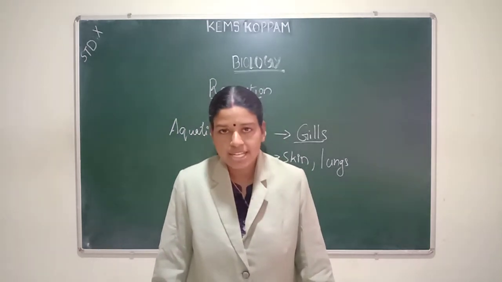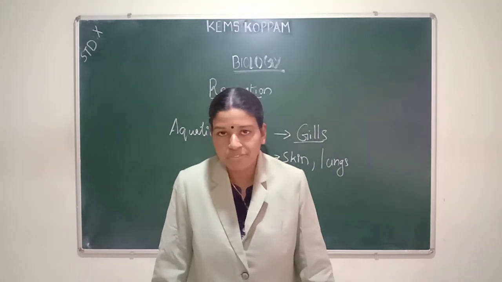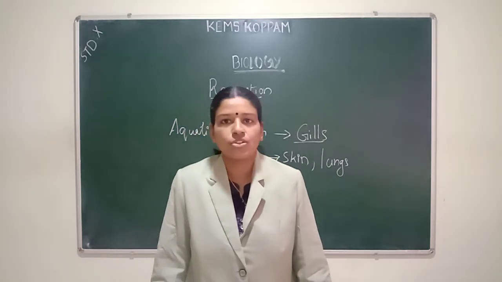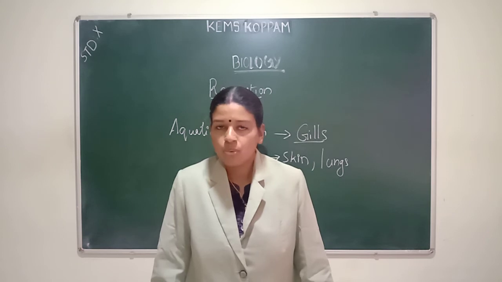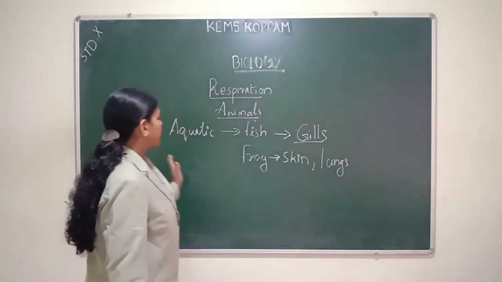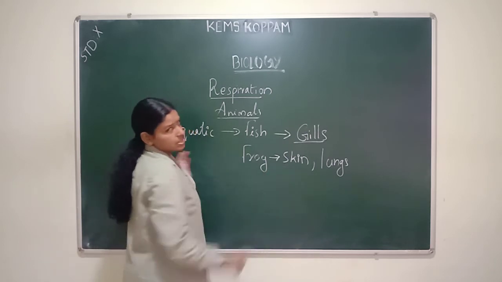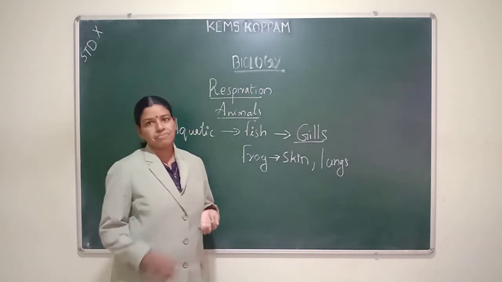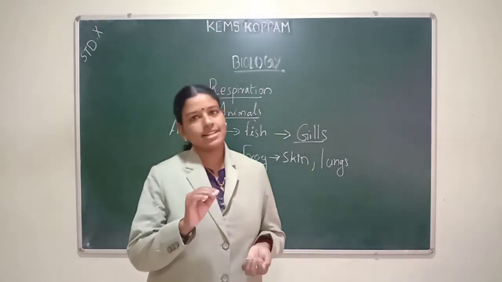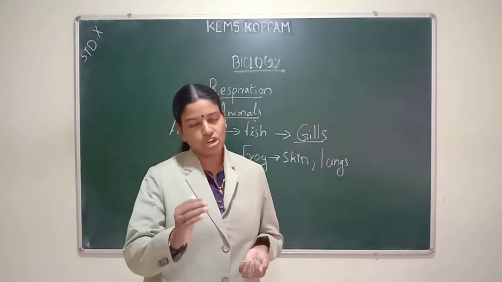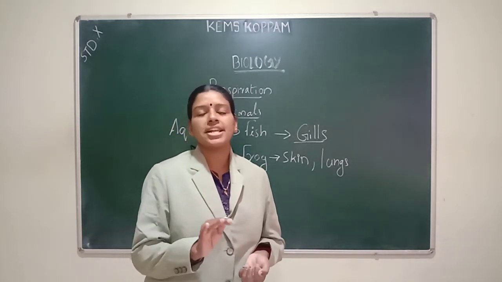I hope this is clear to you. Through the skin surface by diffusion and through lungs also they will respire. In case of all the higher animals, terrestrial animals, what is the case? Lungs are the respiratory organs. So this is a general case of fishes, aquatic organisms, as well as mainly terrestrial animals.